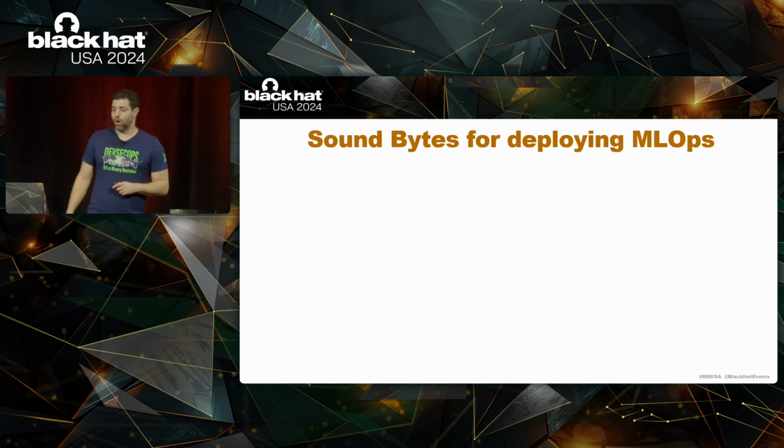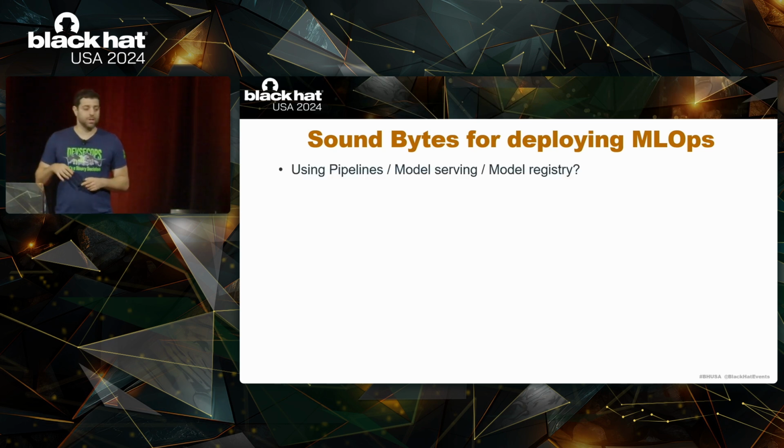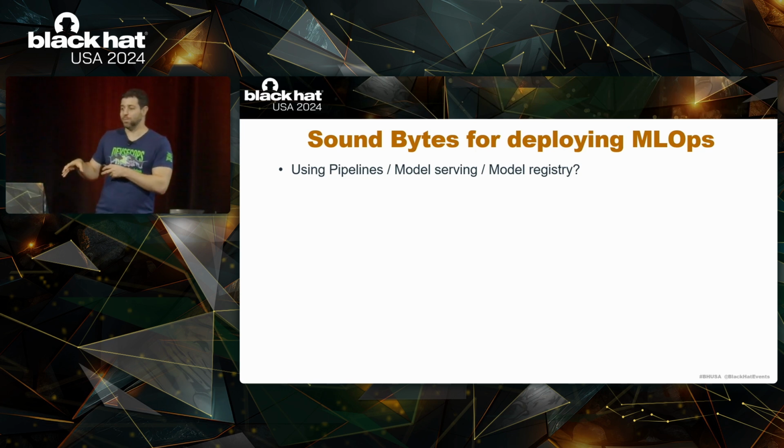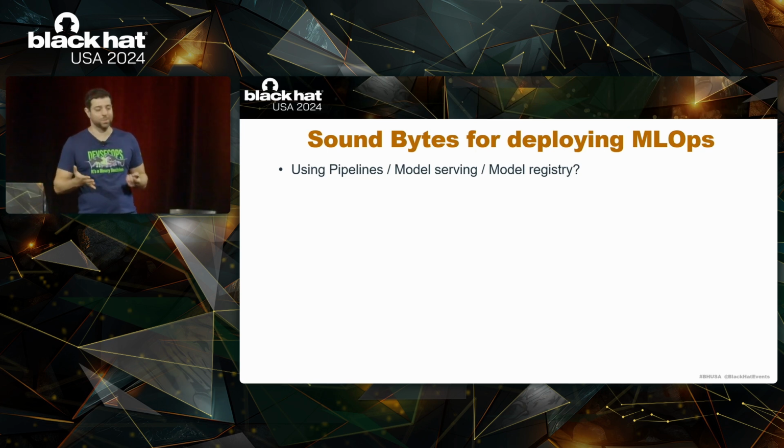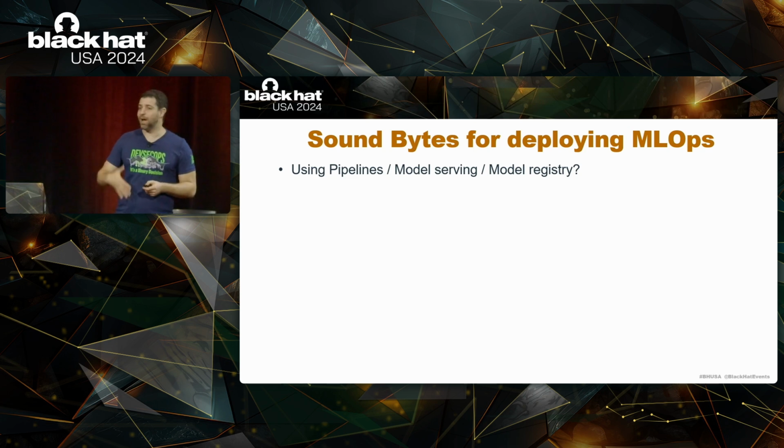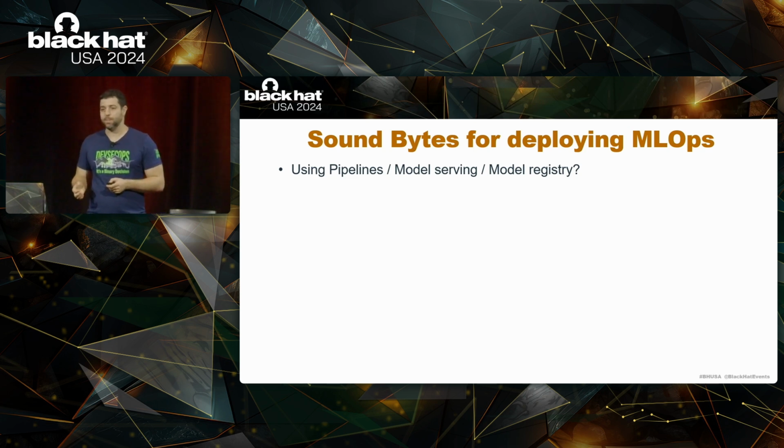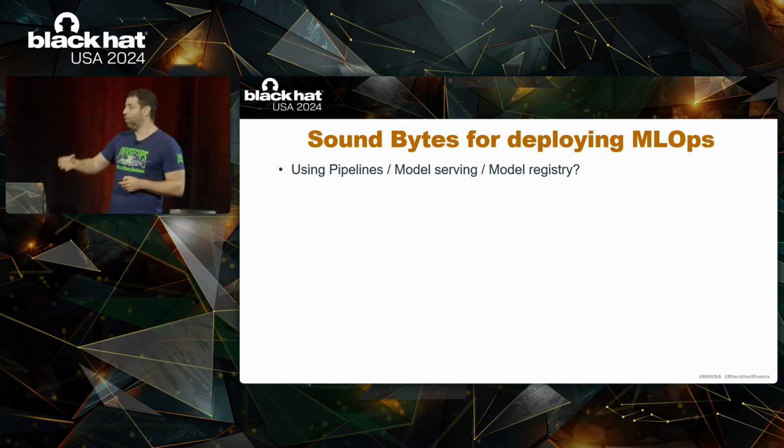Okay, so what did we learn today, and what do you need to pay attention to when you're deploying an MLOps platform? So first of all, check for the 3 features that we mentioned. Check if your MLOps platform supports it. So ML pipelines, model serving, model registry. If your MLOps platform supports it, but you're not explicitly using it, please disable it, because you saw the security holes that it causes.